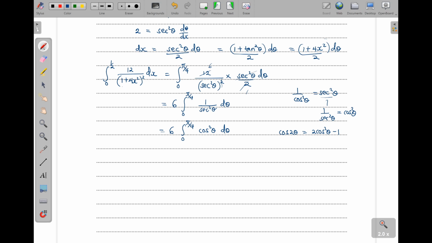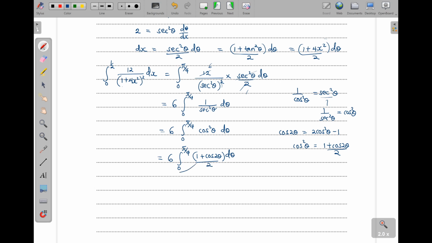So when I make cos squared the subject of the formula, first bring this one here, then you divide by 2. So it means that cos squared theta is going to be equal to 1 plus cos 2 theta, then divided by 2. So this is what I'm going to substitute in here: the integral from 0 to pi over 4 of 1 plus cos 2 theta d theta, divided by 2.